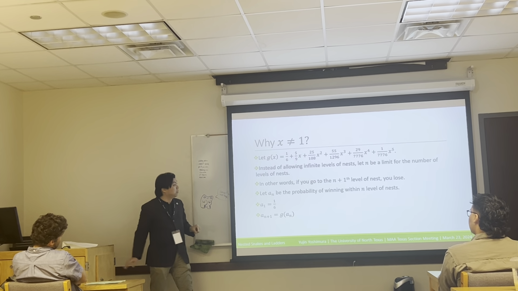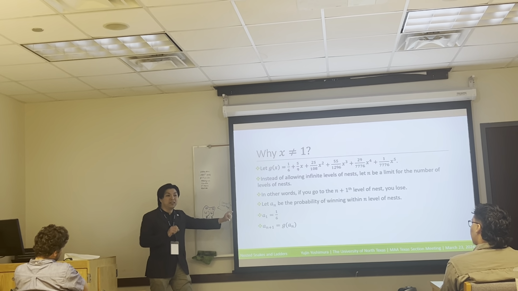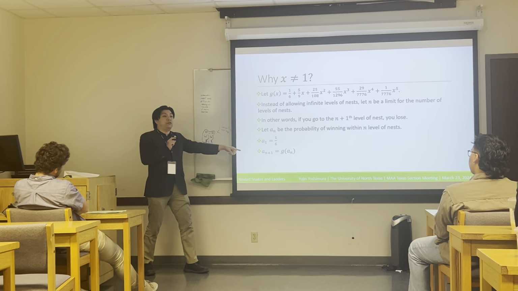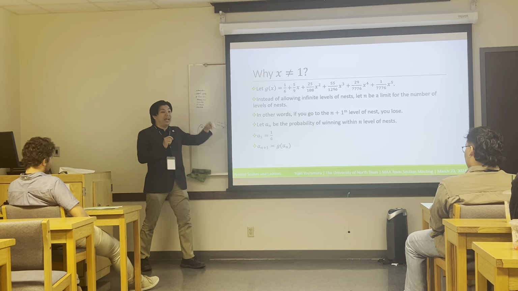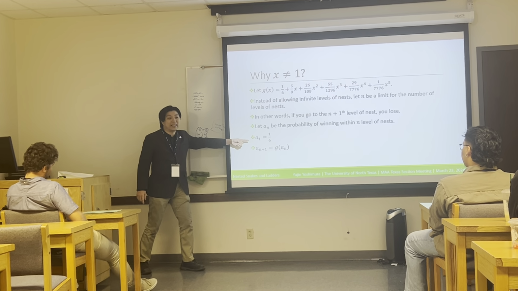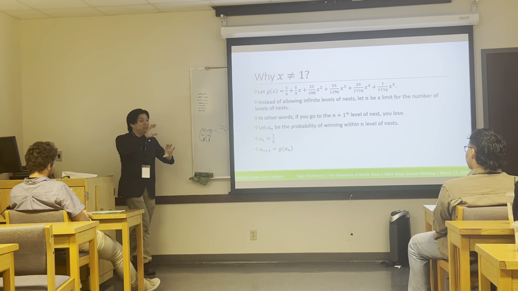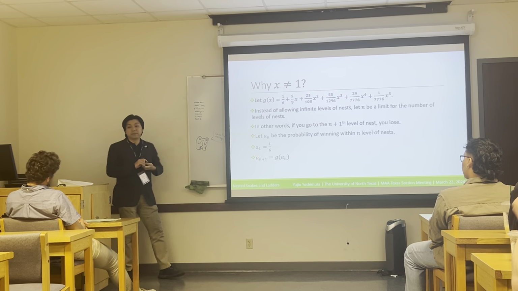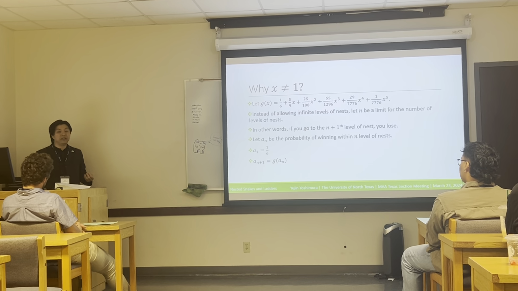For example, if you limit to just one level, you only win if you get to the goal in a single shot. Otherwise, if you land on any of the nest squares, you lose. So a sub 1 is 1/6. And if you add another level, you can express it as a function of g. So a sub n plus 1 equals g of a sub n.